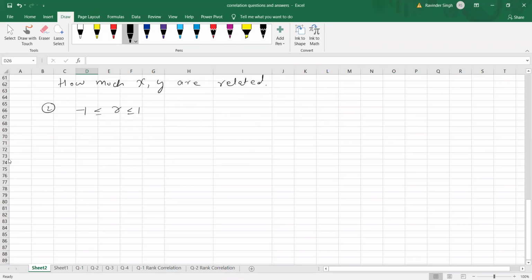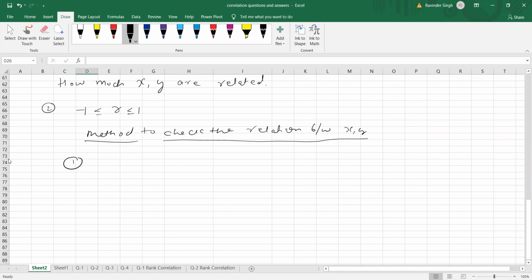Now, to find the r value, we have many methods to check the relation between x and y. The first method is the scatter plot, and I will come to them one by one. The second one is the Karl Pearson correlation coefficient, which we represent with small r.